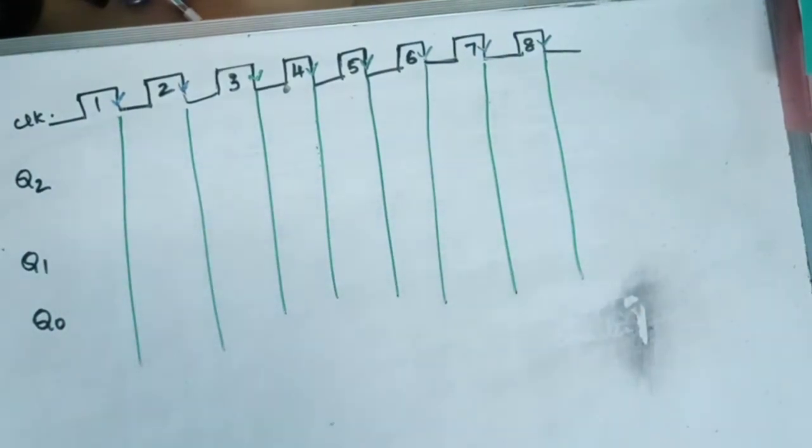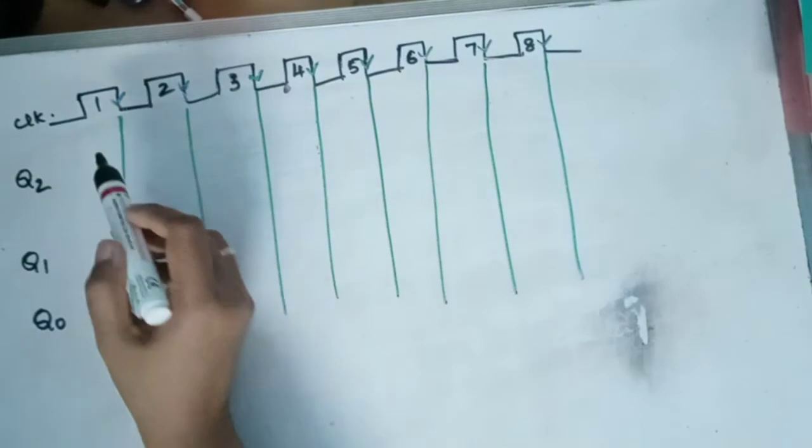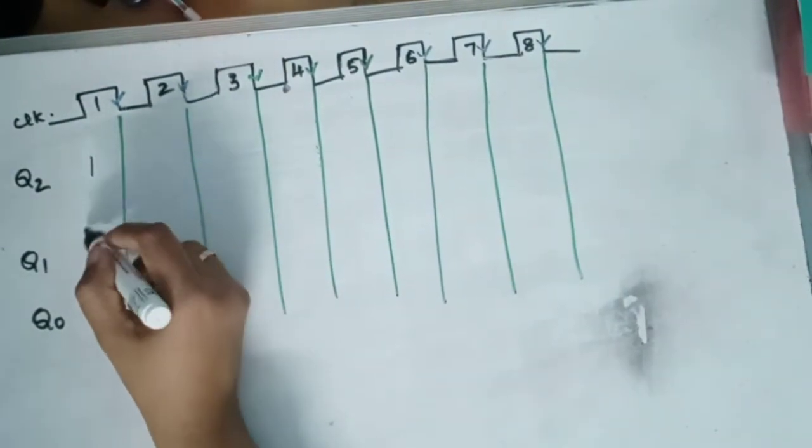The initial state is before the first clock, so that is 7.